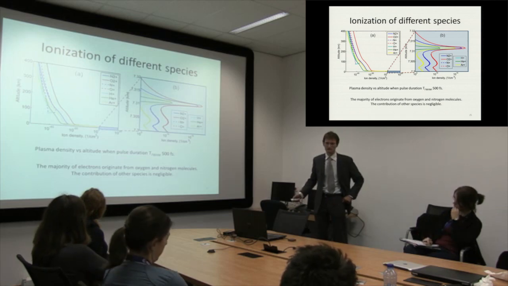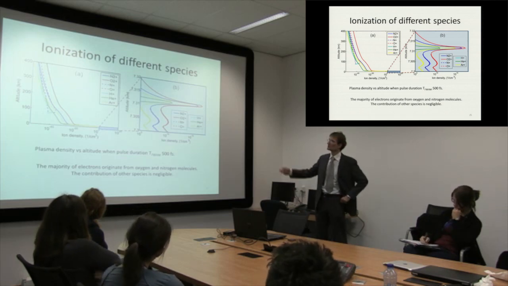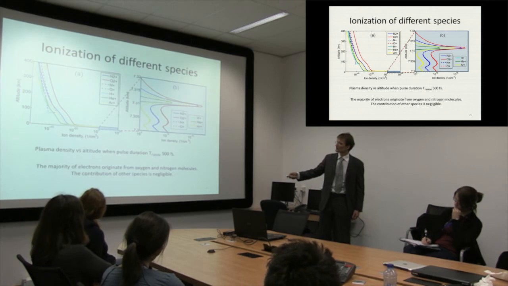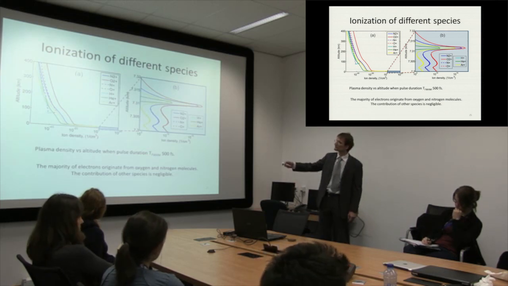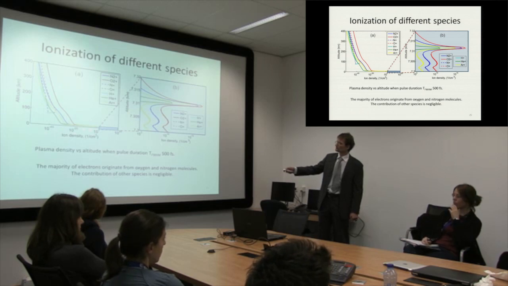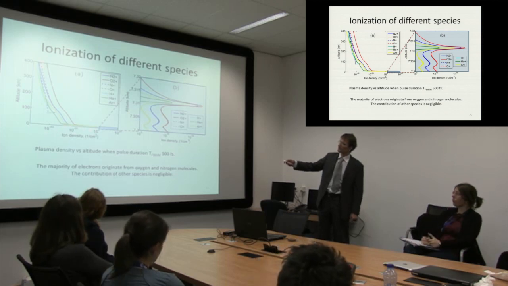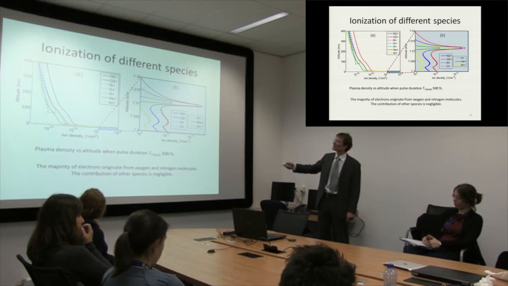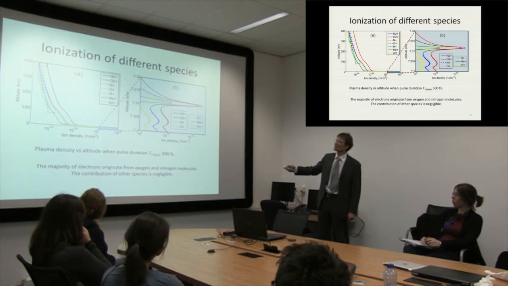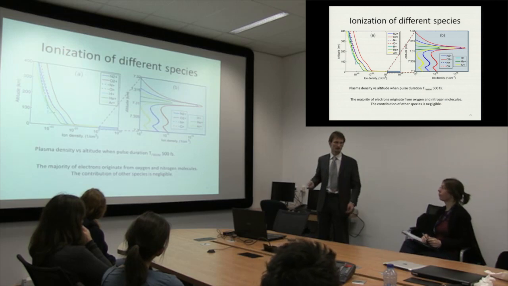And as I said, we have investigated different species' ionization. So here's the ion density dependence on the altitude. We see at the beginning of propagation, at 400, the oxygen was the most abundant.